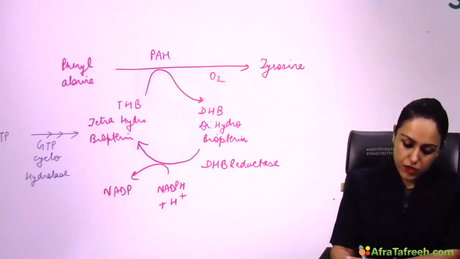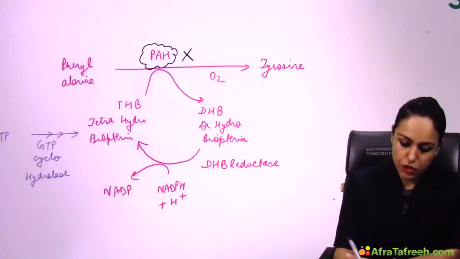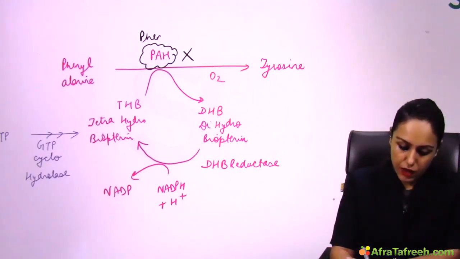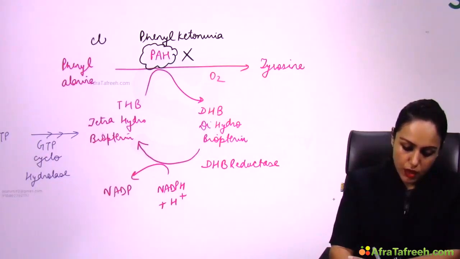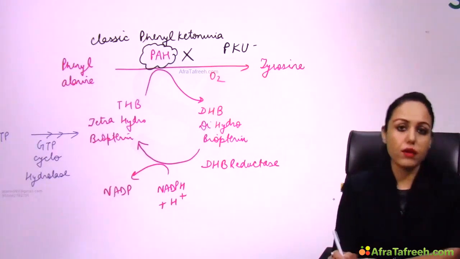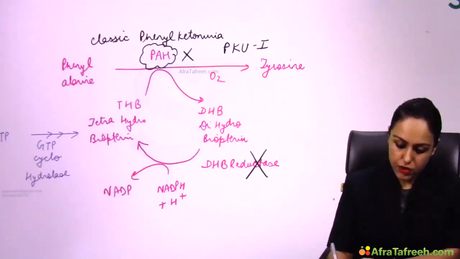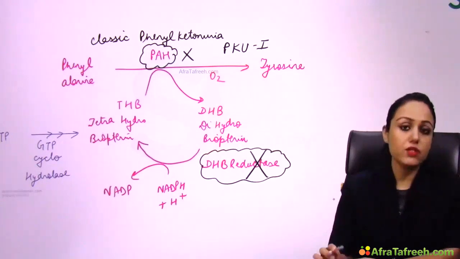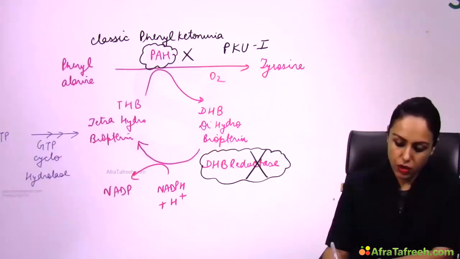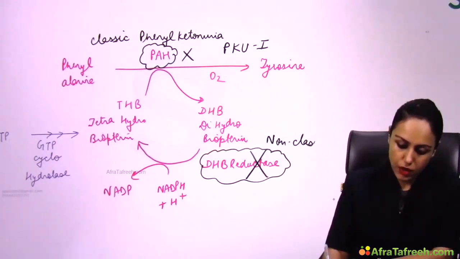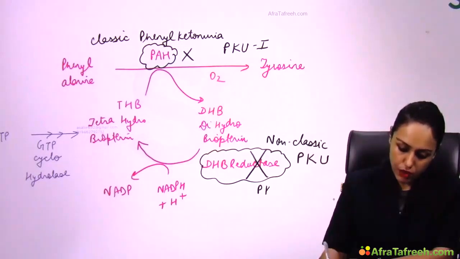Now, deficiency of the enzyme phenylalanine hydroxylase will lead to phenylketonuria, also called classic phenylketonuria or phenylketonuria type 1. Right? And deficiency of dihydrobiopterin reductase also leads to phenylketonuria, which is called non-classic phenylketonuria, or phenylketonuria type 2 and 3.